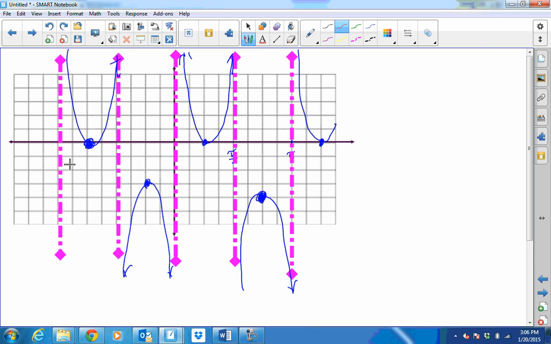And remember, if we draw in the sine or the cosine function, the cosecant or secant function is always hitting at the maximum and minimum points. Because whatever A, B, K, and H are for that sine or cosine function, that's exactly what it's going to be for our secant or cosecant function.